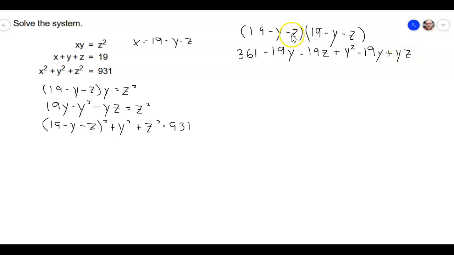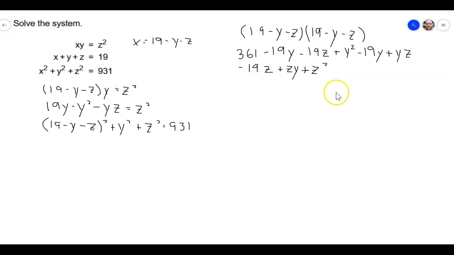And then we go to this one, and that's minus 19z minus 19z plus zy plus zy and plus z squared plus z squared.